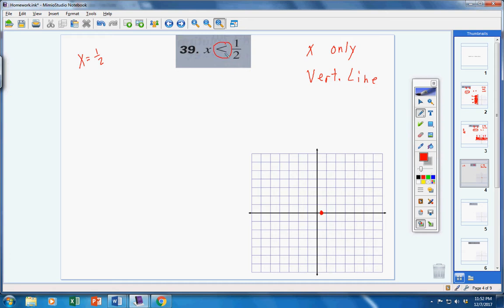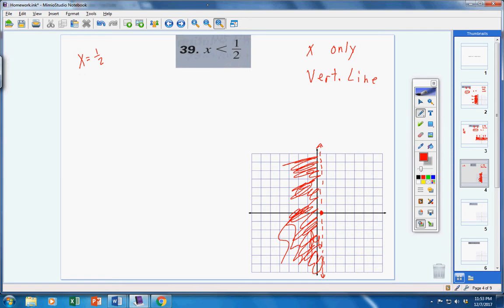In this case, there's no equal sign here, so it's going to be dotted. So draw a dotted line going right through 1/2 on the x-axis. Here we go. And it says x is less than 1/2. So less than would be to the left of this dotted line. So we're going to shade to the left.